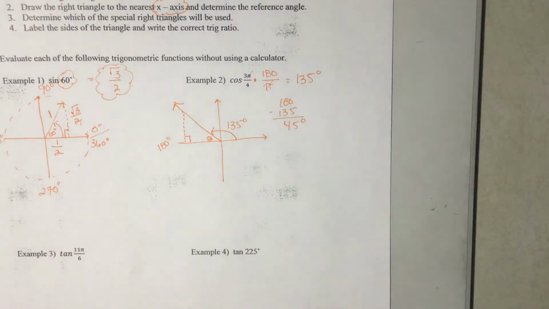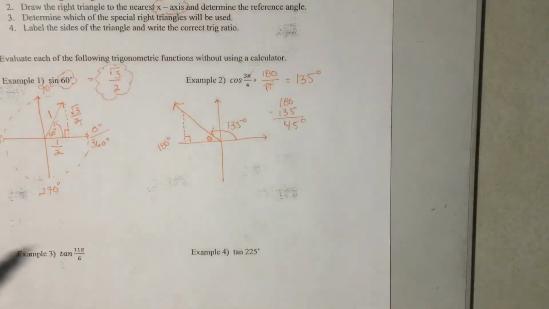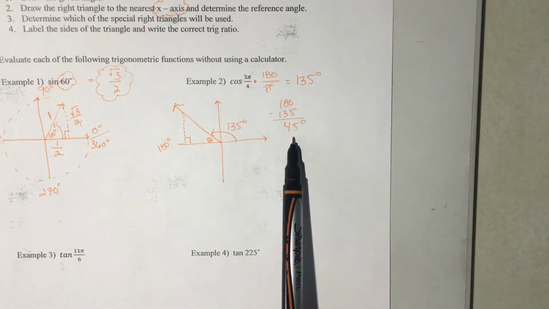Because our goal here is to get it to one of our special angles so that we can use one of these little tricks. So if you don't get this to be either 30, 60, or 45, go back and look because you've probably made some type of mistake. Okay, so that's a good check.